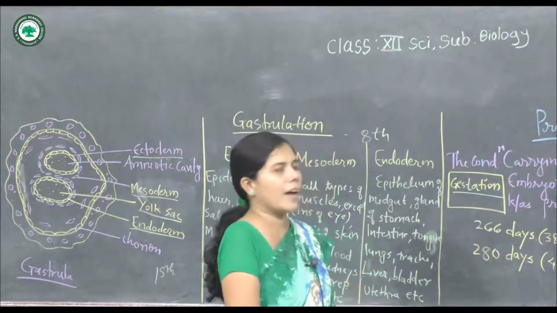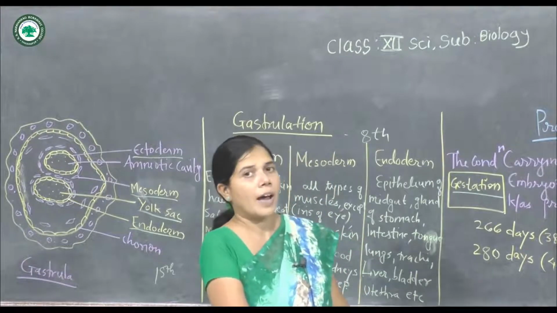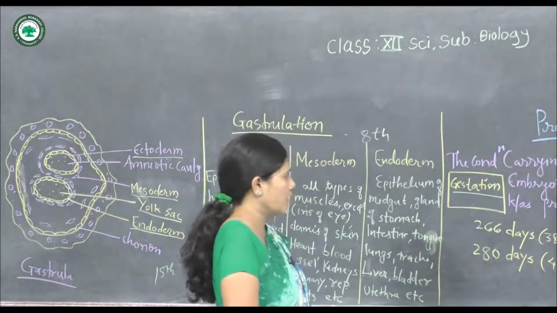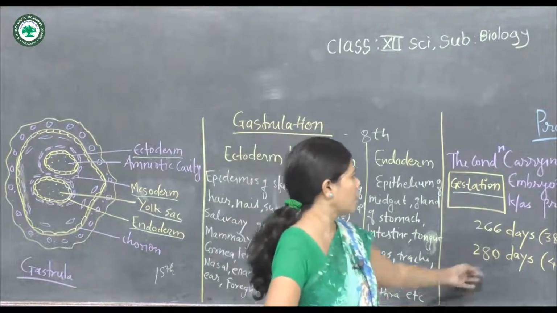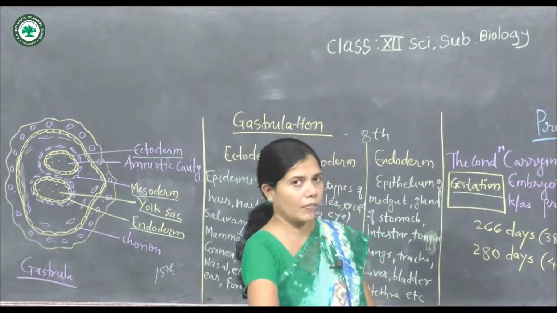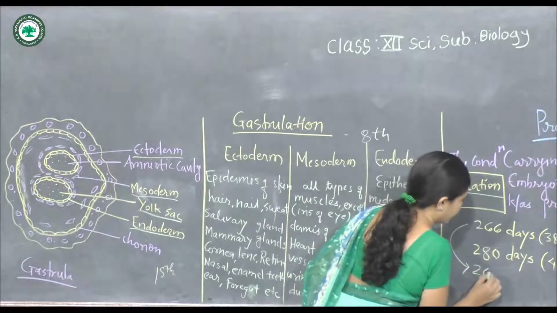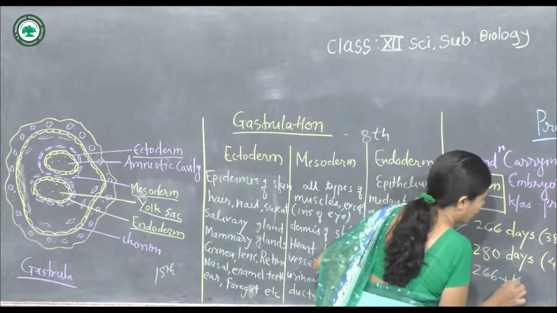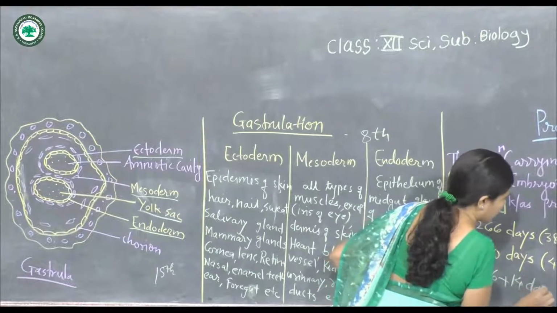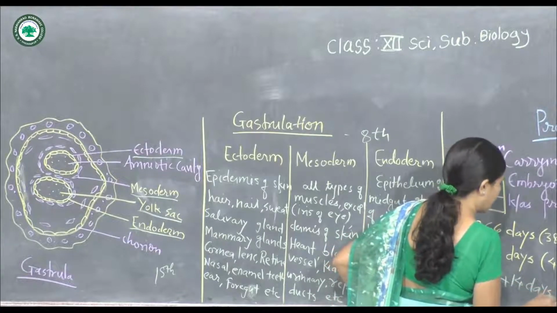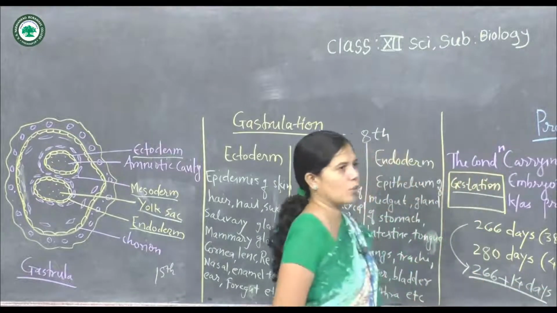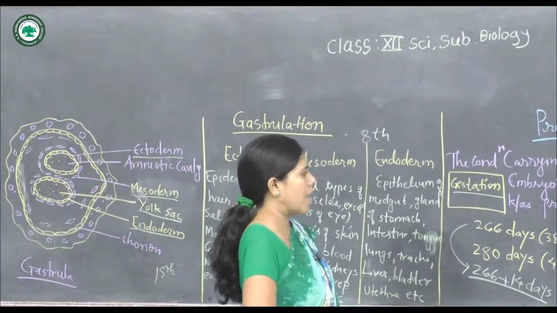From the last menstrual period, the duration of pregnancy is 280 days, that is 40 weeks. Means 266 days plus 14 days, which is known as 280 days from the last menstrual period.